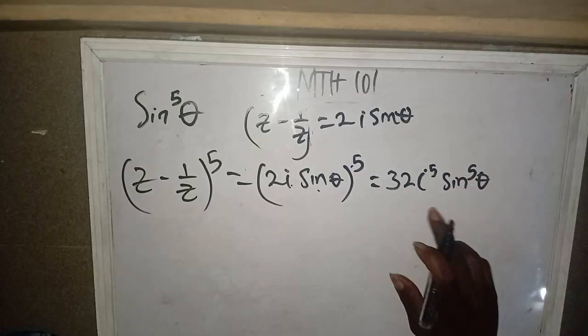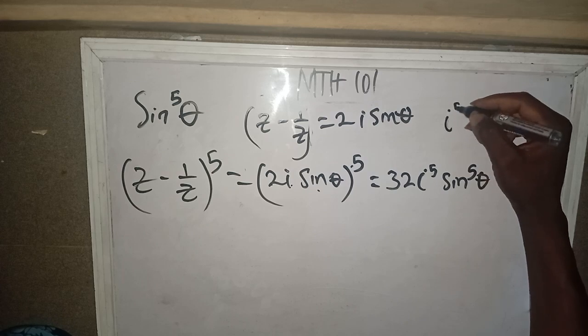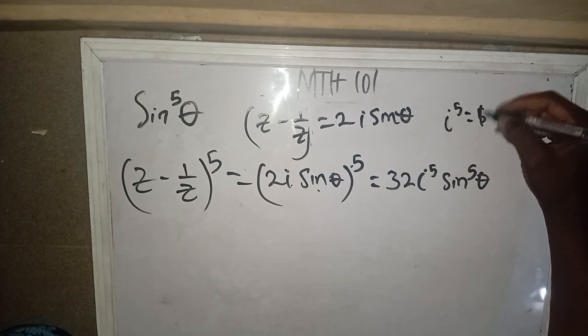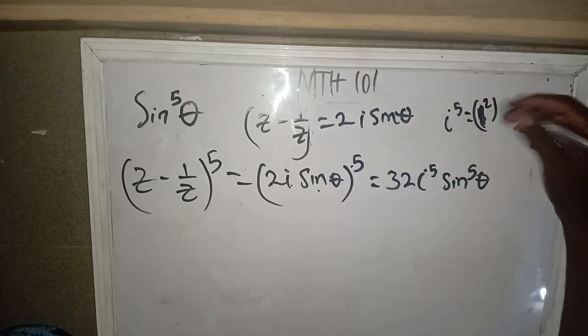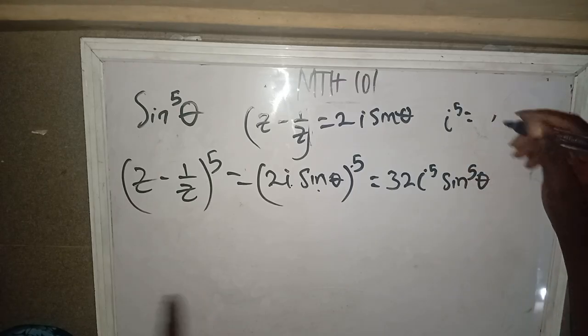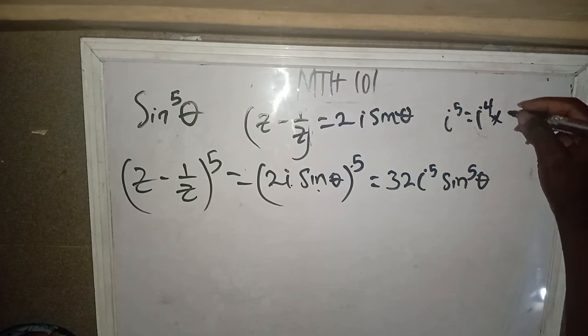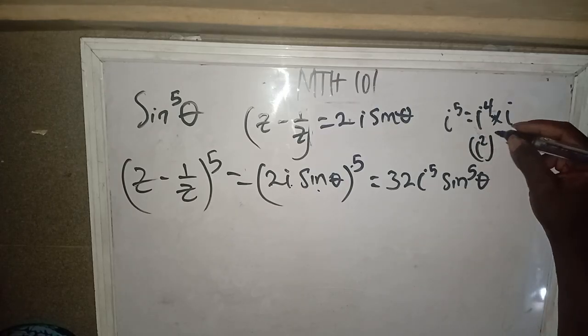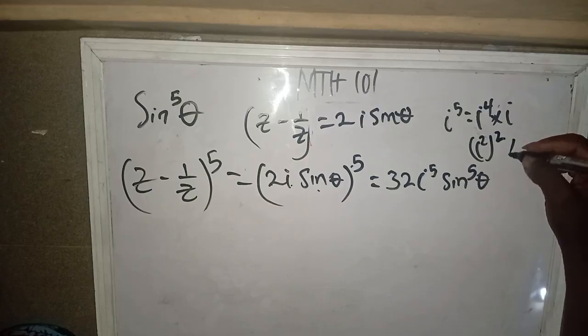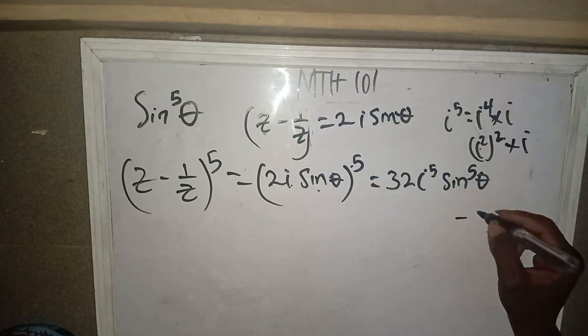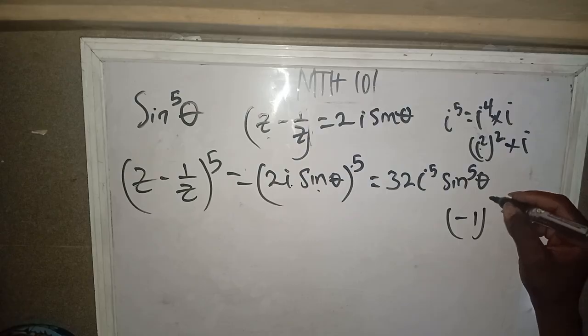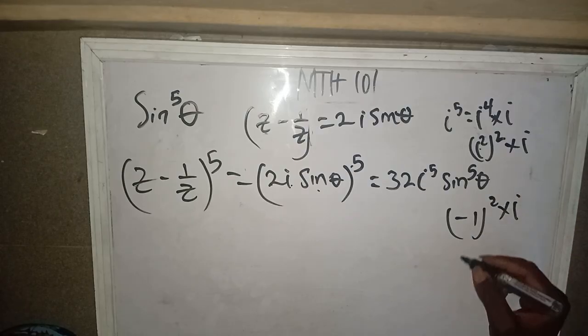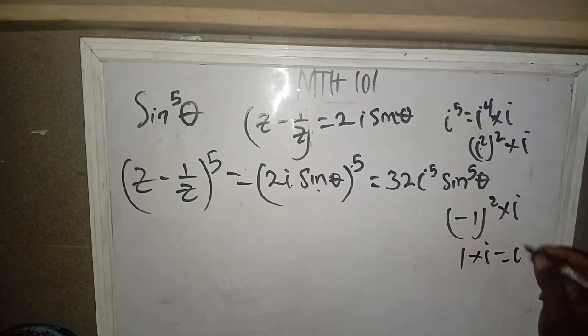Now note that i raised to power 5 equals i raised to power 4 times i. And i raised to power 4 is i square squared, then here we have times i. What is i square? Minus 1, squared is 1, times i equals i.